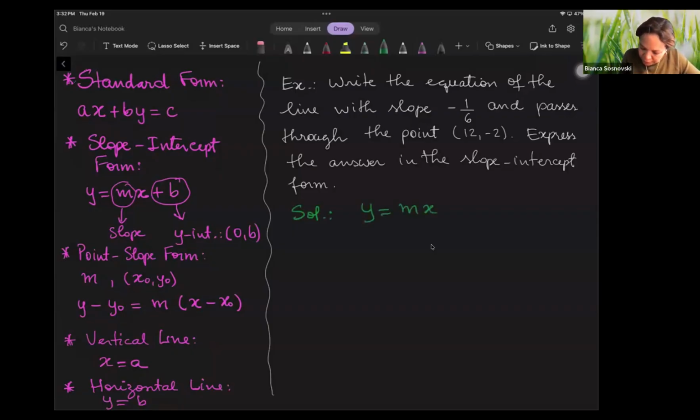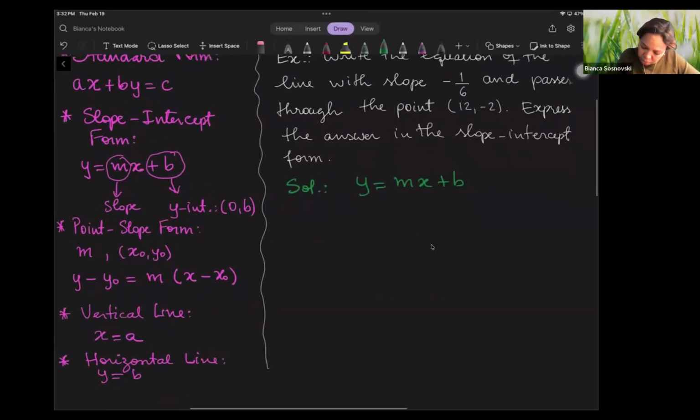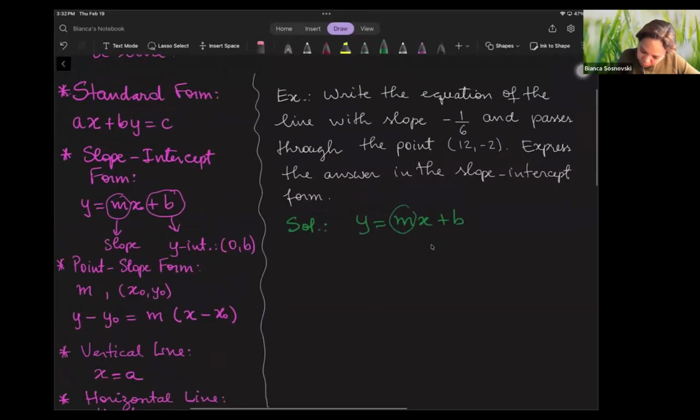So two things I need to have this form complete. I need the slope and the y-intercept. Once I have these two numbers, it means my equation is complete. The slope in this problem is already given, so I don't have to calculate. Great, that works for me.